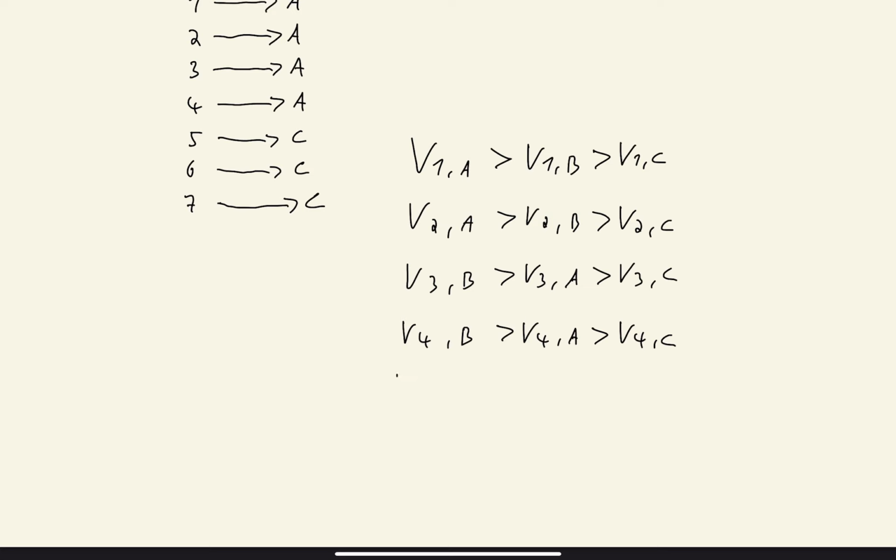For voter 5, we have that he prefers C over B over A. And this holds also for the remaining voters. Okay. I'm just writing it down because I will refer to it quite often, so I can access this information faster.